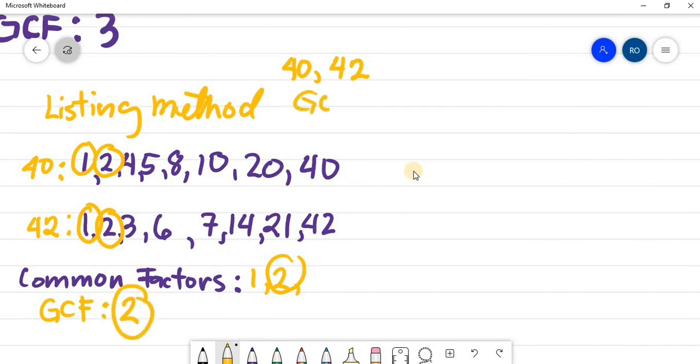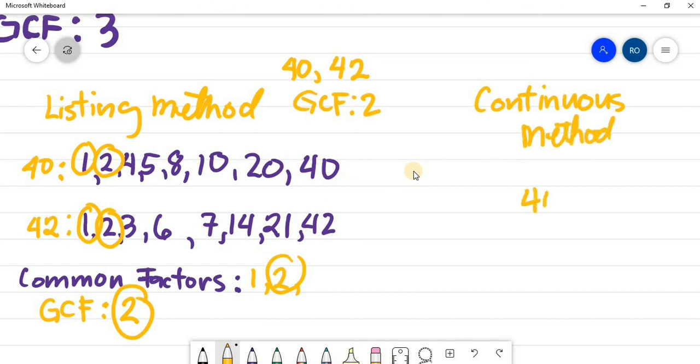Okay? So let us use the continuous division so we can have the same answer. So we have 40 and 42. Think of the smallest number that we can use to divide 40 and 42.